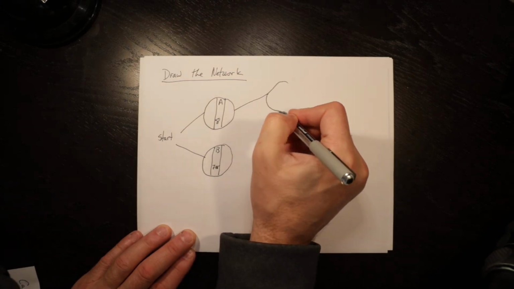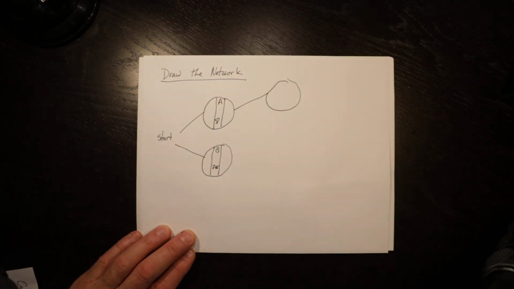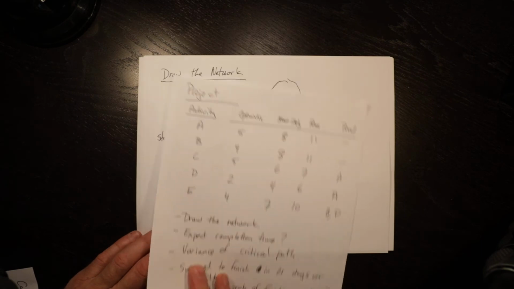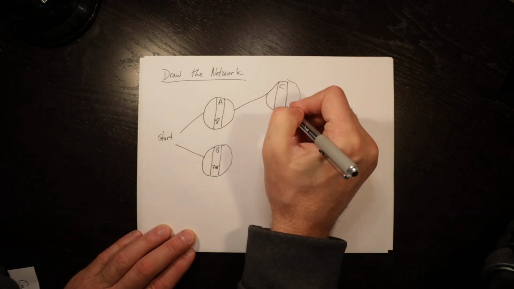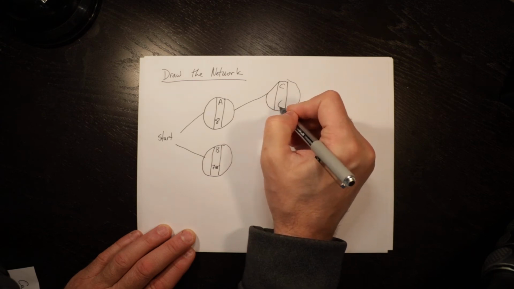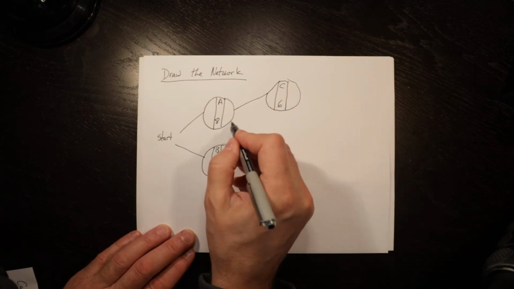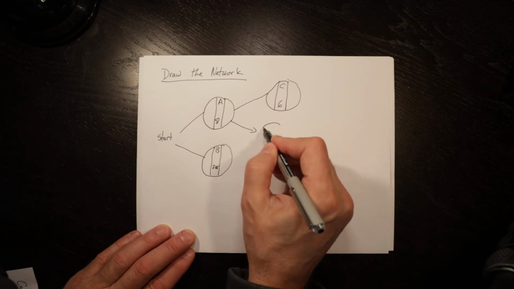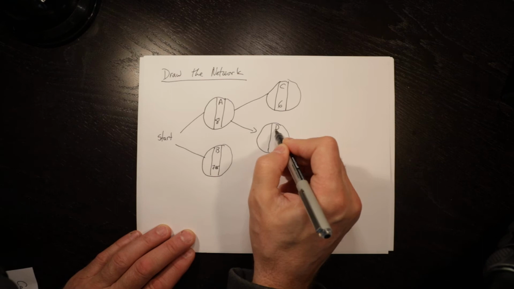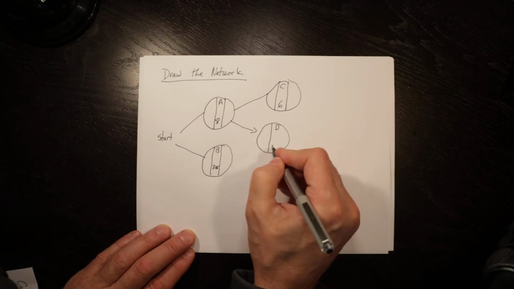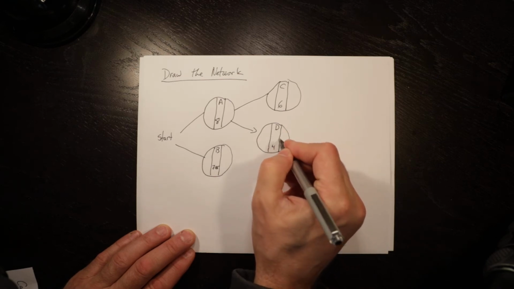C, which is preceded by A, as we can see here, has an expected time of 6. D, which is preceded by A, has an expected time of 4.